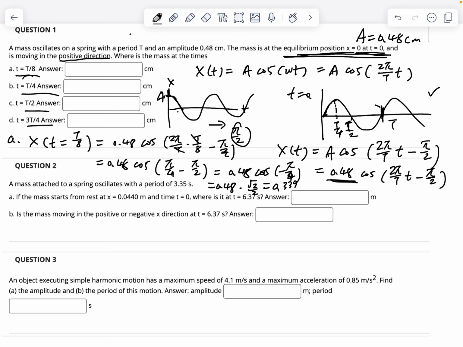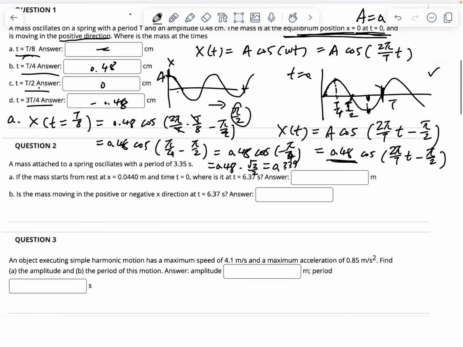T over 2 is here, you see, 0. And 3T over 4 is here. So you don't have to calculate this anymore, you can just put the answers here. T over 4 is 0.48, T over 2 is 0, 3T over 4 is negative 0.48. The first one, you have to make a calculation. All right, so that's the first question.